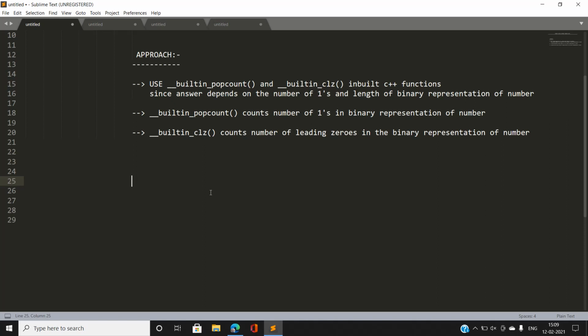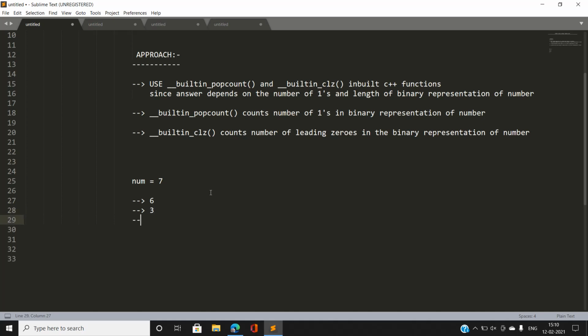Suppose we have the number 7. Initially 7 is an odd number, so our step is to reduce it to 6. Then 6 is an even number, so our next step is to divide it by 2.